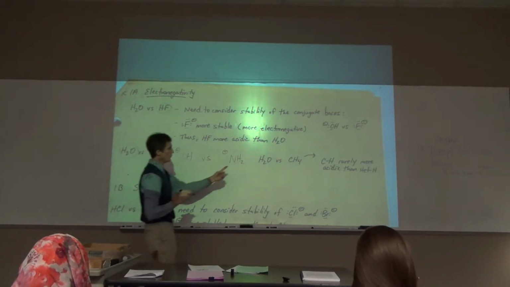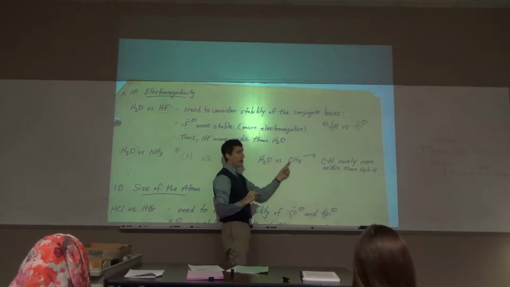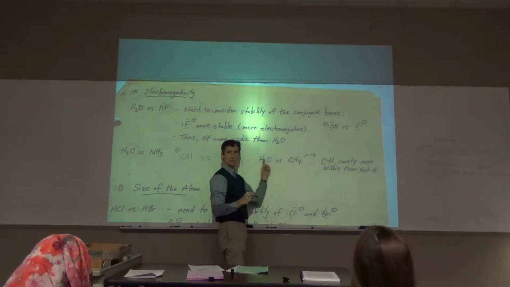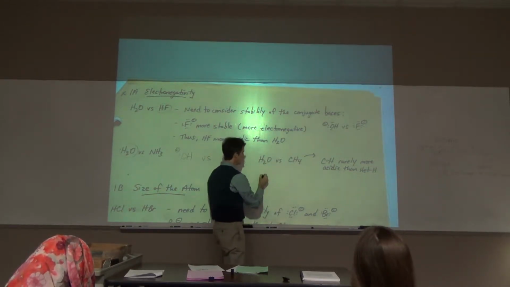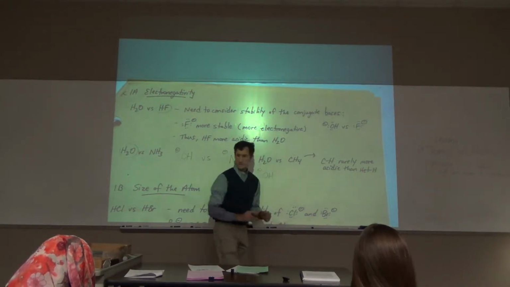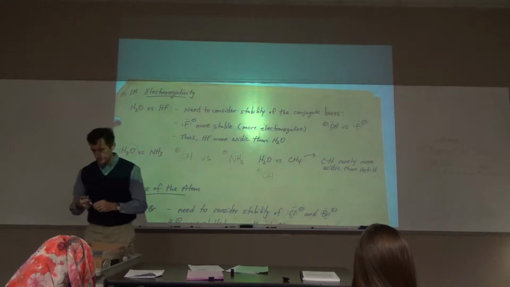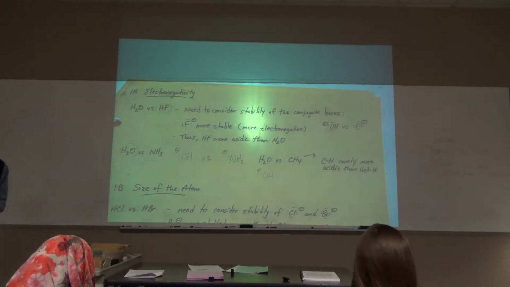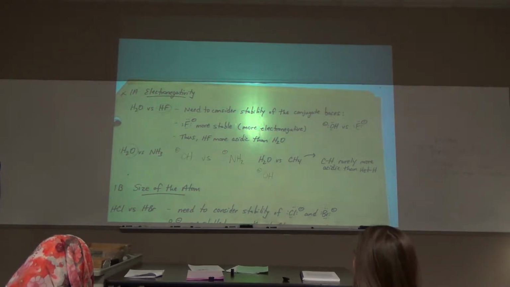Which is more acidic, water or methane? H is on oxygen or H is on carbon? Which is going to act more as an acid? Well, this would be hydroxide. And what's the conjugate base of methane? CH3 what?